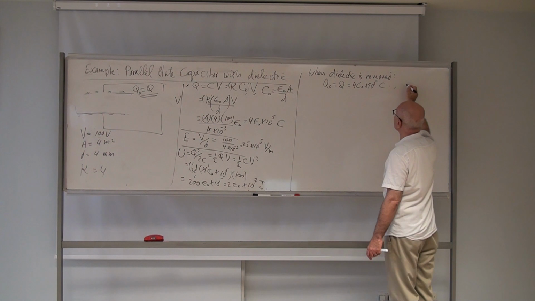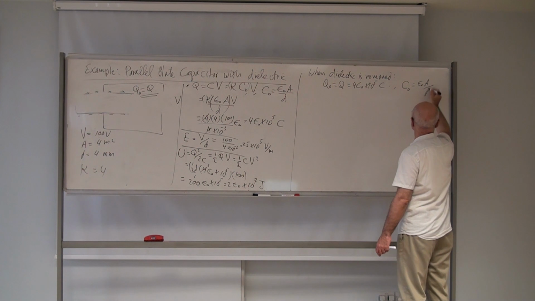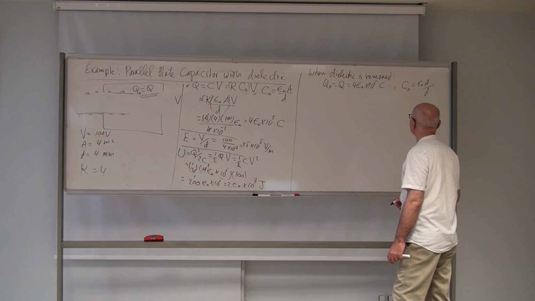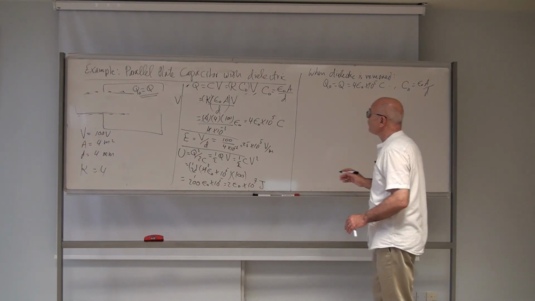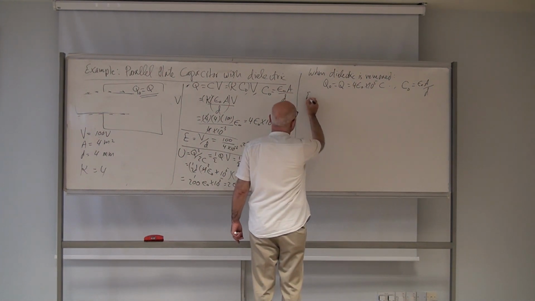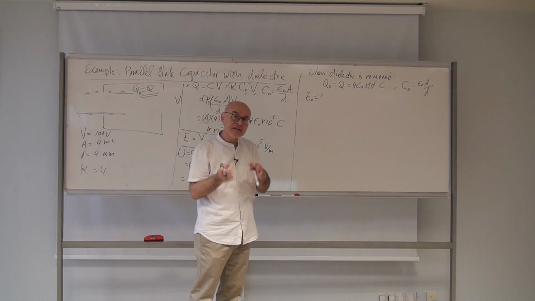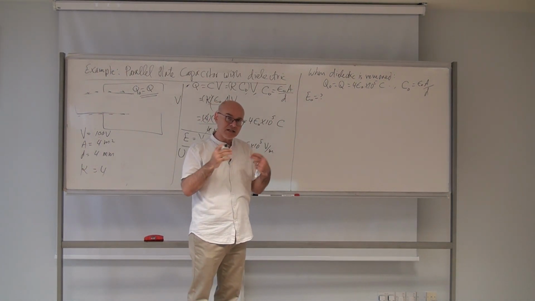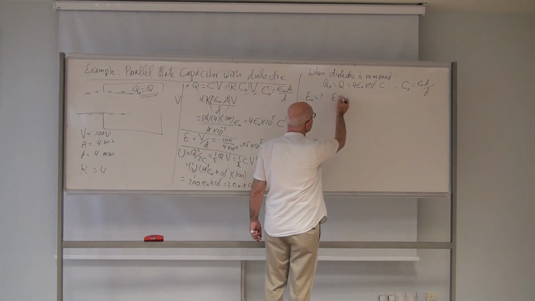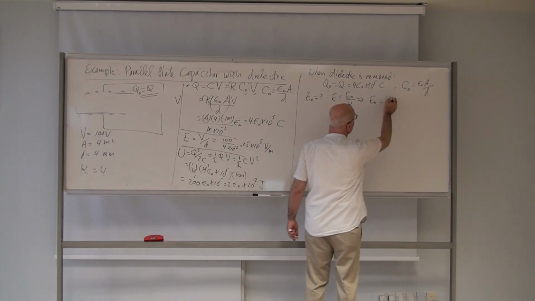And C naught now is just epsilon naught A over D, which is what I have here. Now, I want to find what is the new E and the new V. Actually, I'm asking about E naught, because the new E in this case means the E after the dielectric slab has been removed. This is what we used to call E naught. What is E naught? Well, I know that E is equal to E naught over kappa, and therefore E naught is equal to kappa E.